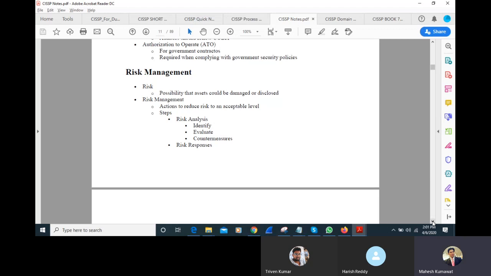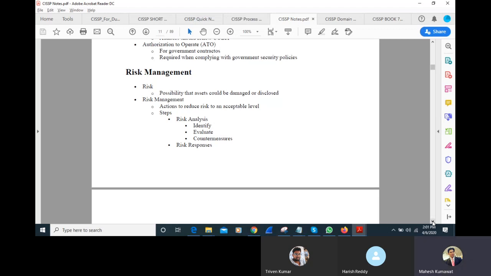Okay, so the risk is the possibility that assets could be damaged or disclosed. There is always a possibility in information security that the IT assets, the information assets I'm talking about, can be damaged or disclosed. Suppose you're working in a company and your company balance sheet is disclosed to the whole world, then there's a problem.